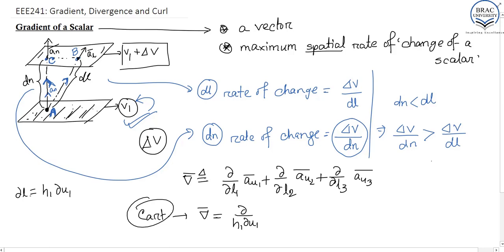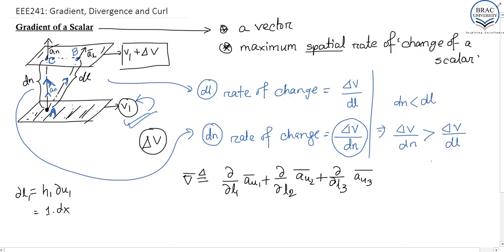So in case of the Cartesian system, dl1 will be 1 into dx, right? So alternatively, we can write it as ∂/∂x ax plus ∂/∂y ay plus ∂/∂z az. Here we are using the partial differential notation because there are three variables at play.